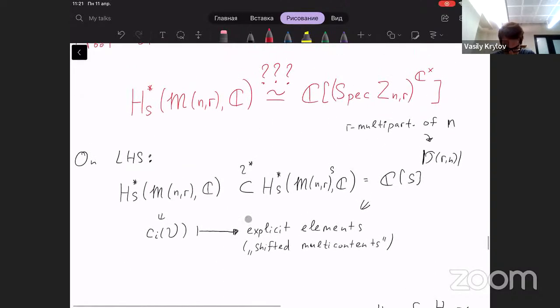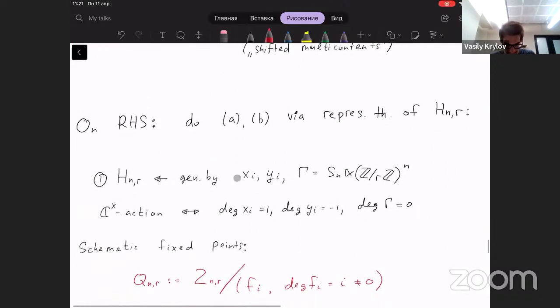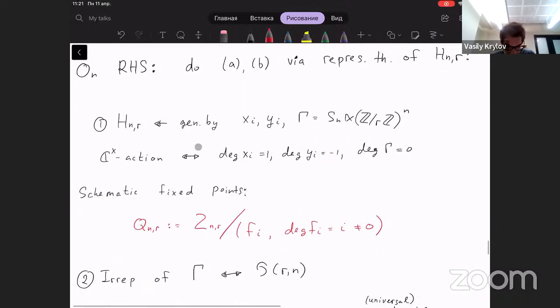And what about the right-hand side? As always, we want to embed this algebra inside this and find explicit generators. The easiest way to do this is to use the representation theory of the rational Cherednik algebra. Let me recall that our rational Cherednik algebra is generated by x_i, y_i, and by the group Gamma, which is the semi-direct product.